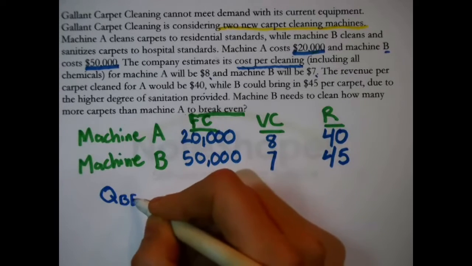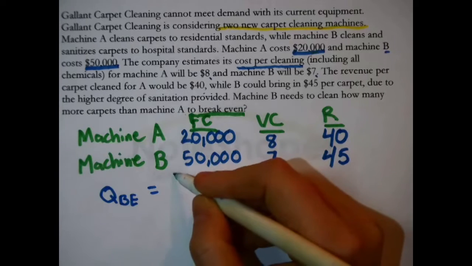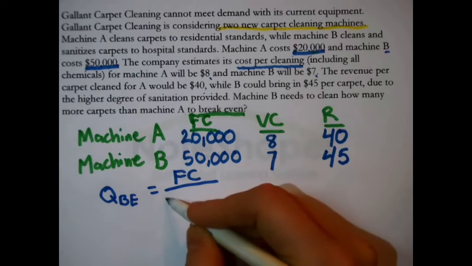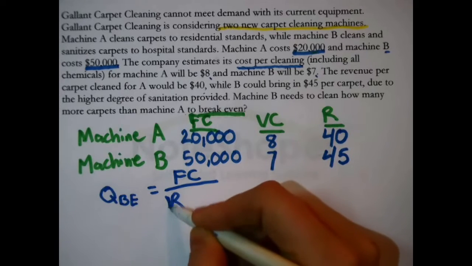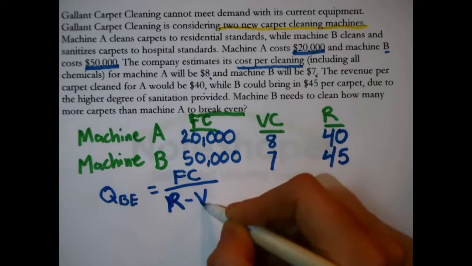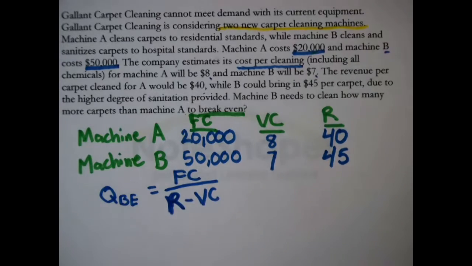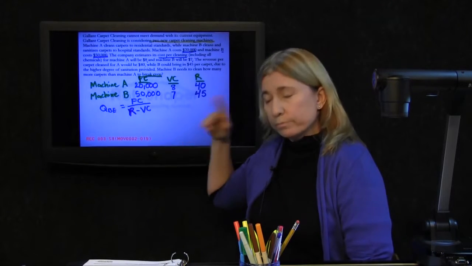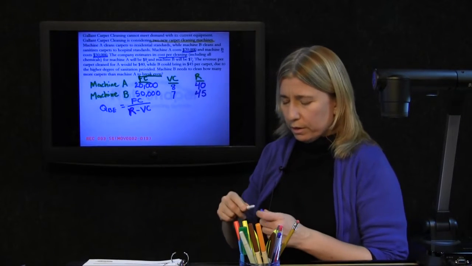And we remember that the classic formula for a break-even quantity is fixed costs divided by revenue, whoops, that's an R, revenue minus variable costs. Oh, so I need to calculate this formula right here. Yes, I do.